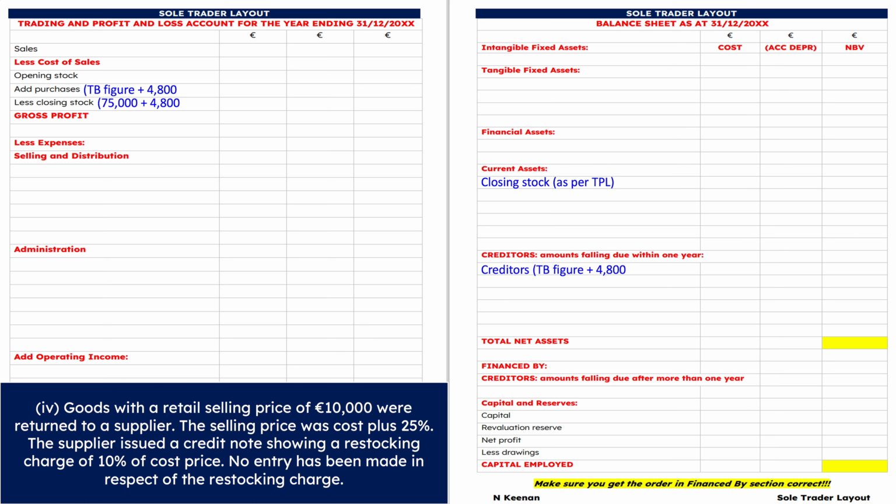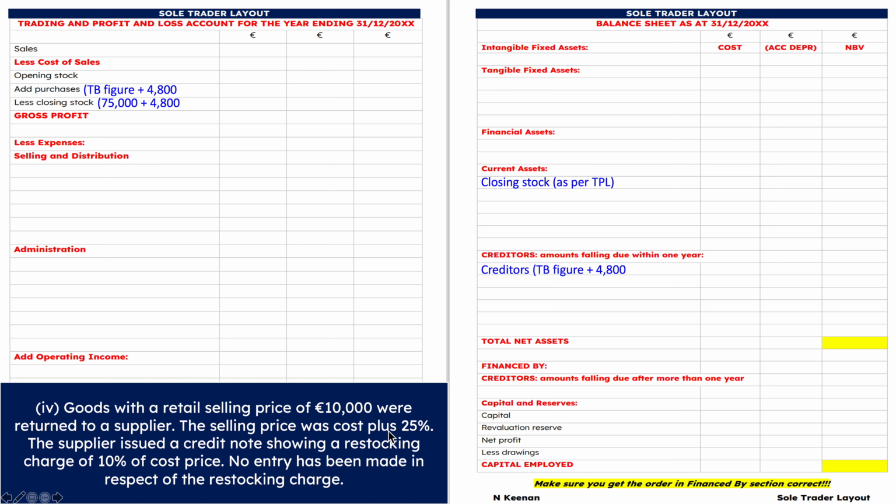The second part, number 4, says goods with a retail selling price of 10,000 euro were returned to a supplier. The selling price was cost plus 25%. The supplier issued a credit note showing a restocking charge of 10% of cost price. No entry has been made in respect of the restocking charge. Okay, so the goods, 10,000 euro, were returned to supplier.